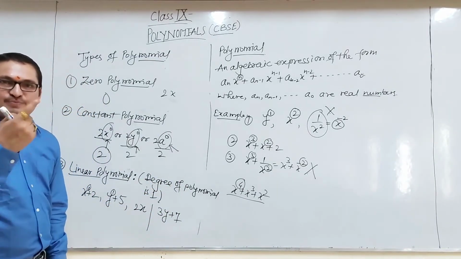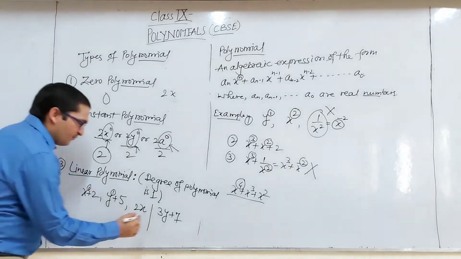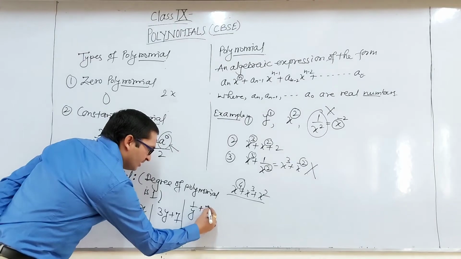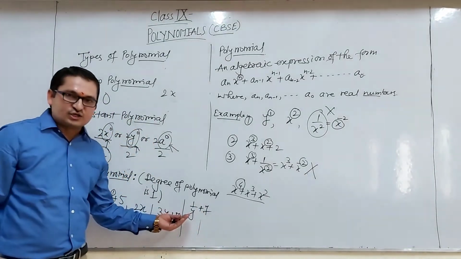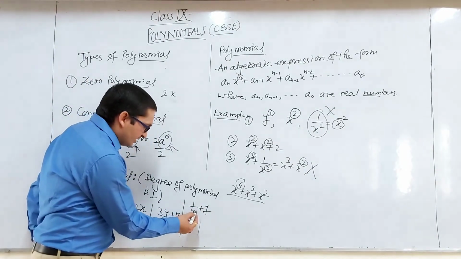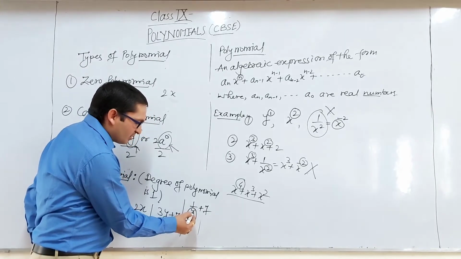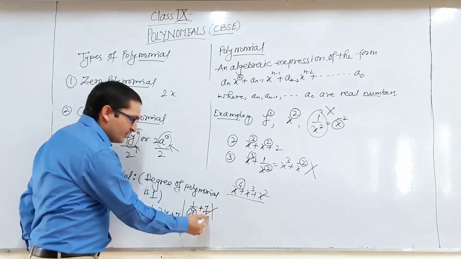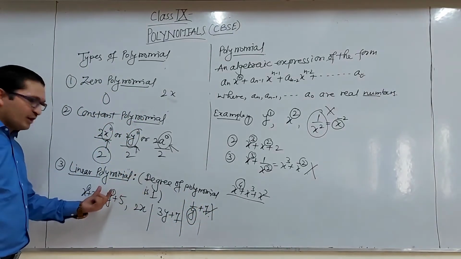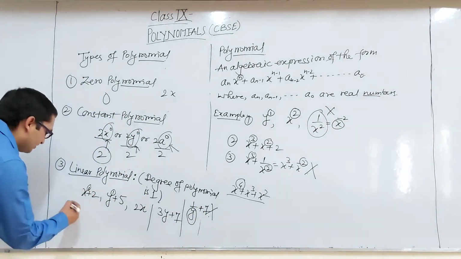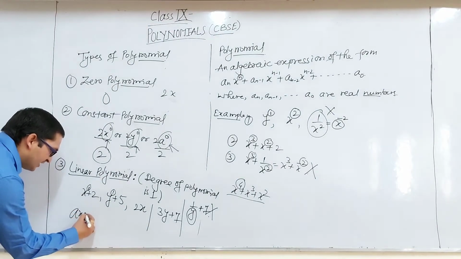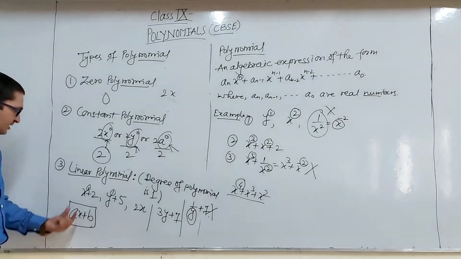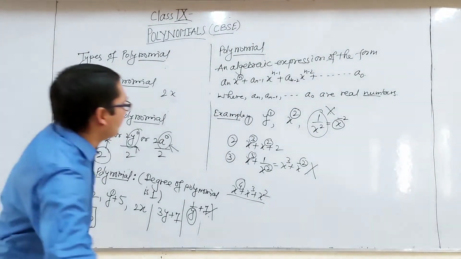If I ask you whether 1 upon y plus 7 is a linear polynomial, no, it's not. The power of this variable is not 1, so first of all this is not a polynomial. The standard form of a linear polynomial is ax plus b.